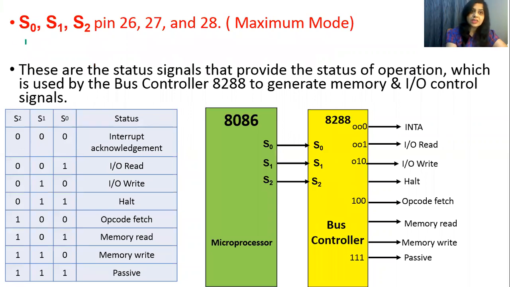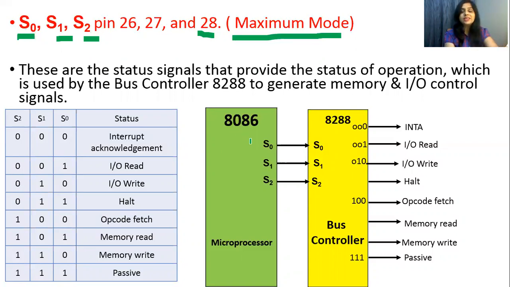Now the next pins are S0, S1 and S2, pin numbers 26, 27 and 28. These pins are used when we use the 8086 in maximum mode. Whenever we use the 8086 in maximum mode, we have to connect the IC 8288 to it.